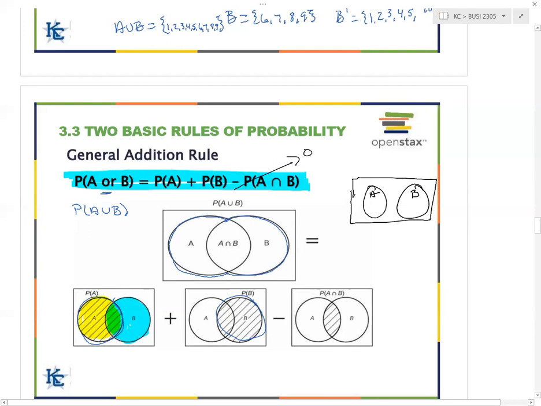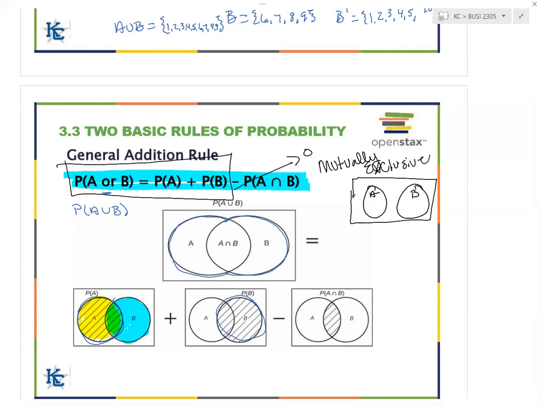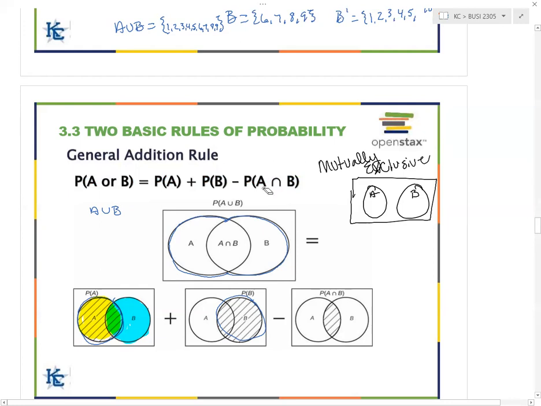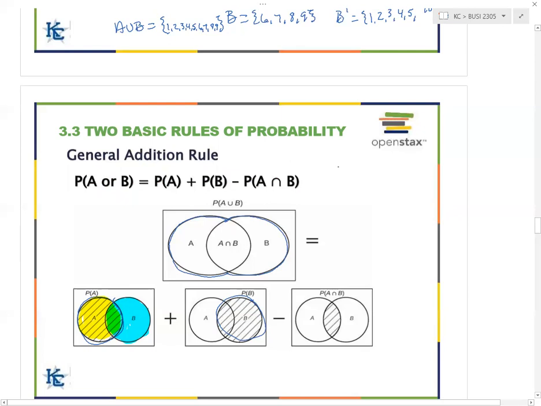And so when you're dealing with mutually exclusive events, you just have to worry about the probability of A plus the probability of B. And this is only when it's mutually exclusive. The rest of the time, you have to make sure you take away that. So it's safest to just use this formula in general, because if they are mutually exclusive, you can just put in a 0 right here. There's nothing that they share. And so when we put in a 0, it doesn't affect our math when we're adding and subtracting.